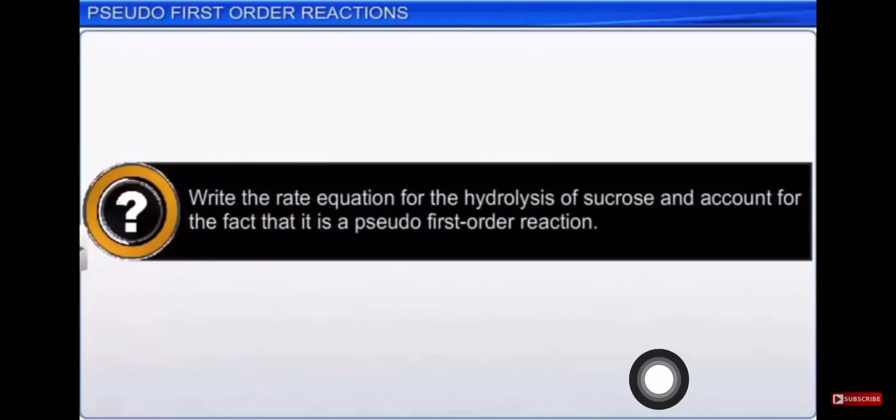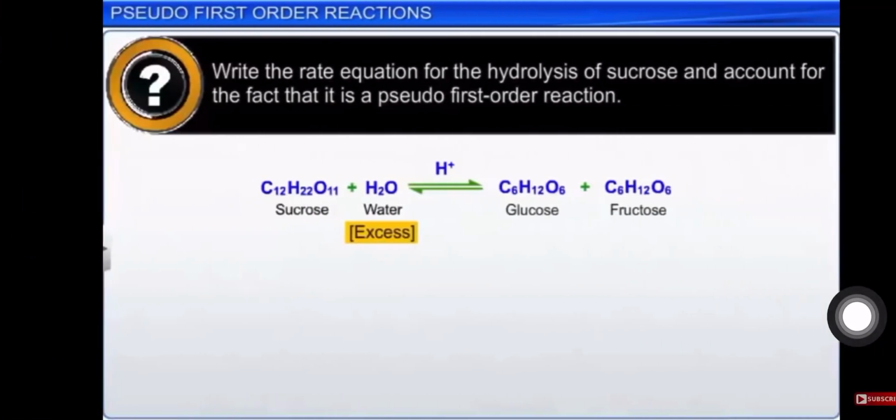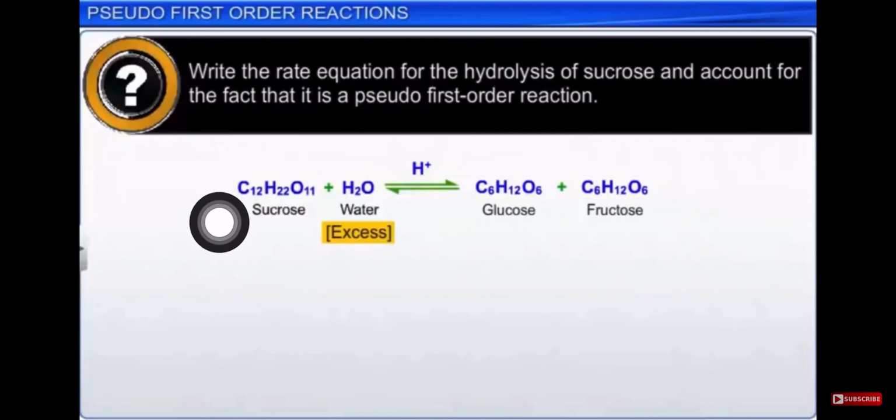Our next one is the second example that we have seen. We are supposed to write down the equation of the hydrolysis of sucrose and the amounts that are formed through the pseudo first order reaction. So our next question was this. Again we are taking water in excess amount, so our reaction rate will be rate equals K times the concentration of sucrose times the concentration of water.